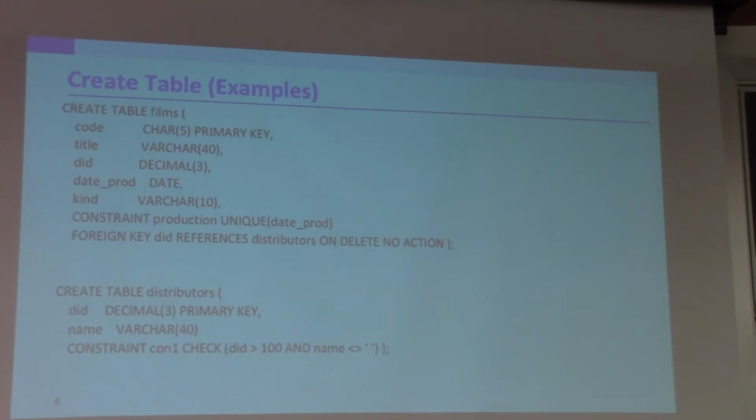They must be a set. There can't be two rows with the same date. Got the point? And here is this constraint foreign key date reference distributor on delete no action. You can just specify over here no action, cascade delete, or something like set null or set default value.